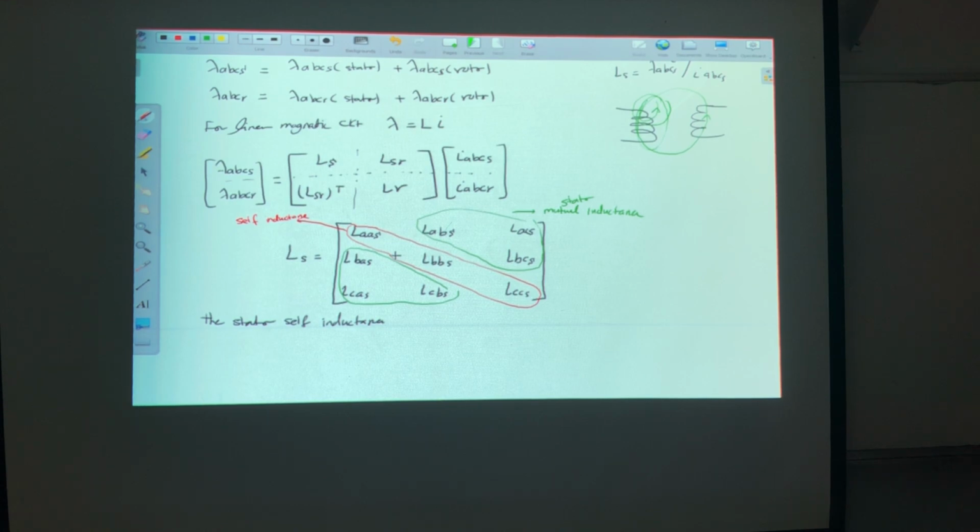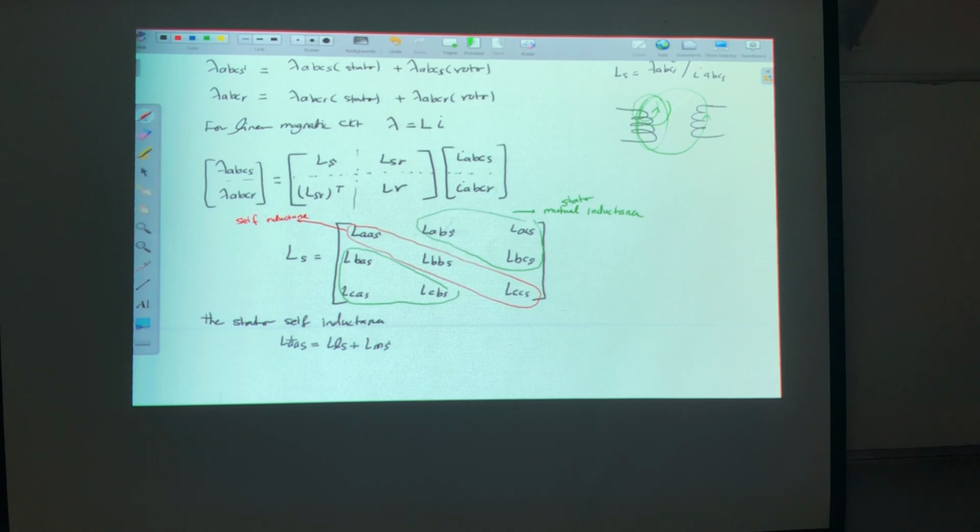Yeah? So similarly, this means that LAAS will equal LLS plus LMS, where LLS is the leakage inductance and LMS is the magnetizing.